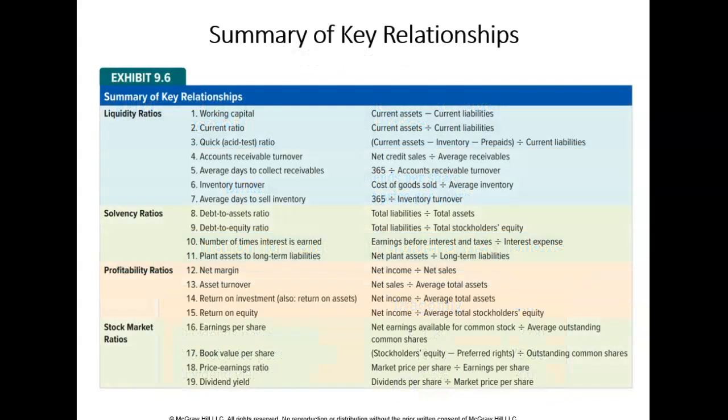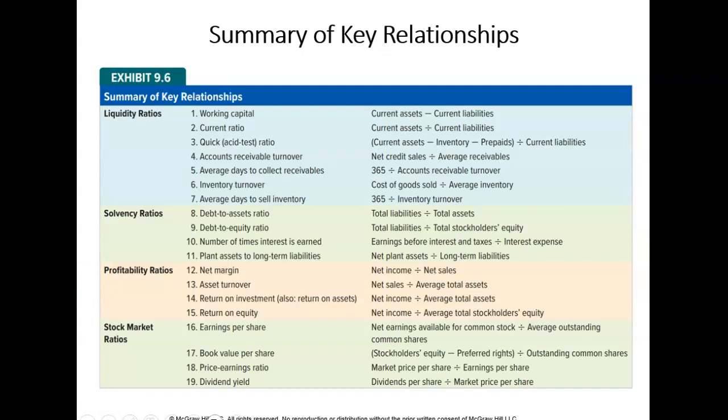Okay, this is just showing a summary of all of those key ratios that we've covered here in chapter 9. These focus on liquidity, how quickly can you take care of your current obligations. These focus on solvency, the ability to take care of your long-term obligations as those obligations become due.